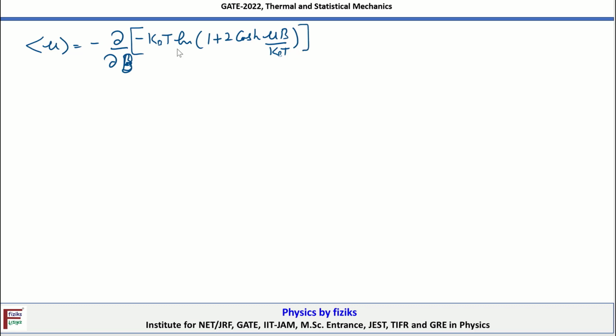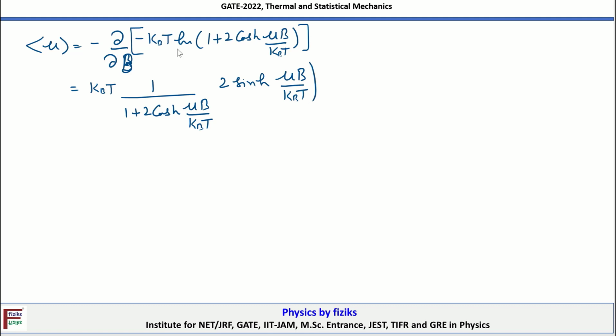Minus minus becomes plus, so ultimately this will equal kB T, then the differential of the logarithmic function with respect to magnetic field gives 1 over 1 plus 2 cosh of mu B upon kB T, and then 2 sinh of mu B upon kB T, and then the differential of this quantity with respect to B gives another factor of mu by kB T.